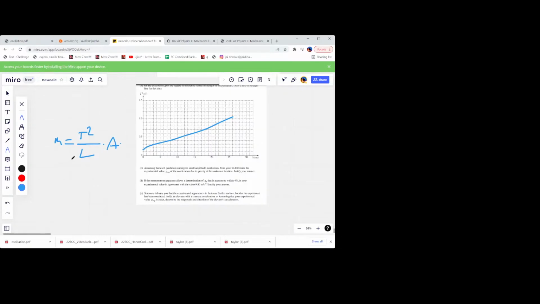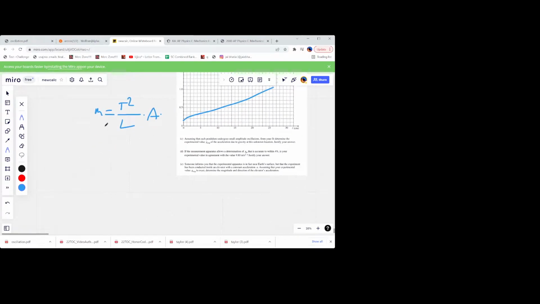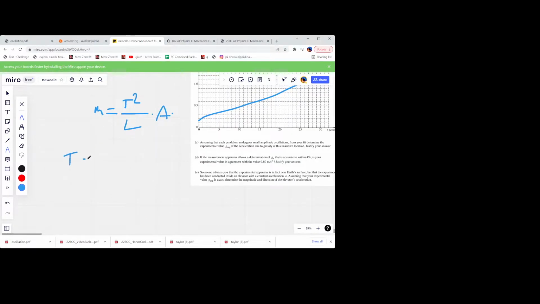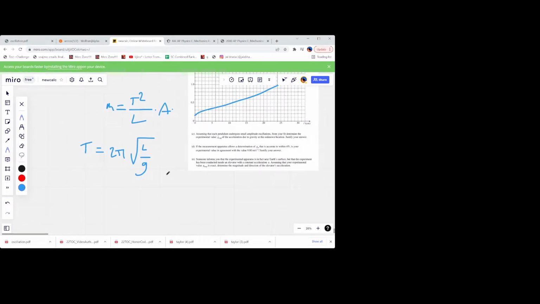Now, what we know from the period equation is that T is equal to 2 pi square root of L over g for any simple pendulum.